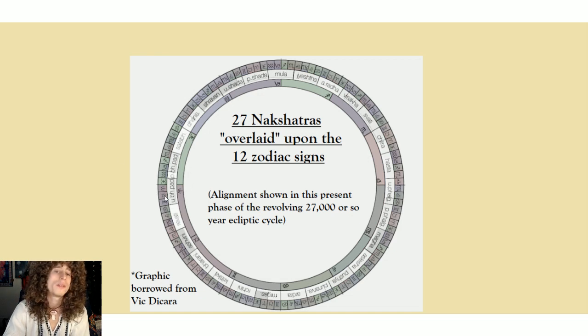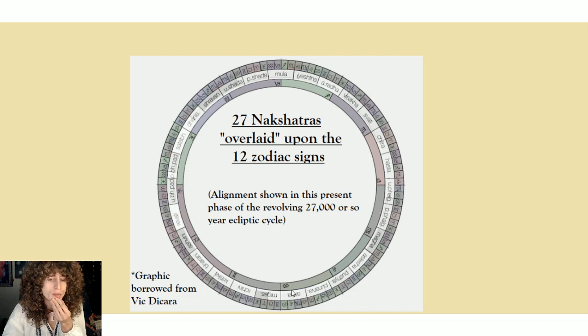Aries, according to this chart, starts in Uttara Bhadrapada and goes all the way and ends in Ashwini. And then Taurus starts halfway through Ashwini and ends just kind of at the end of Krittika. Then Gemini starts at the end of Krittika and really ends, I believe, at either the start of Mrigashirsha or the end of Ardra.